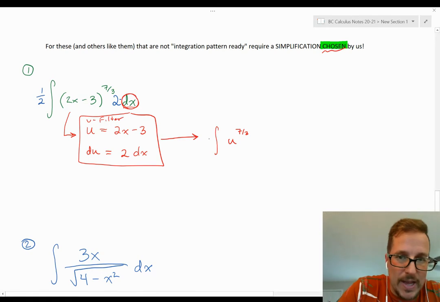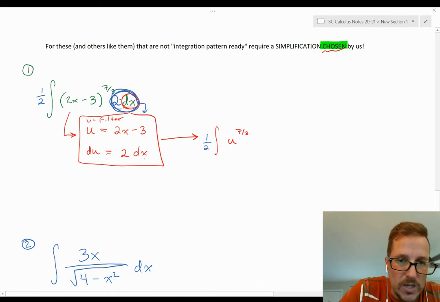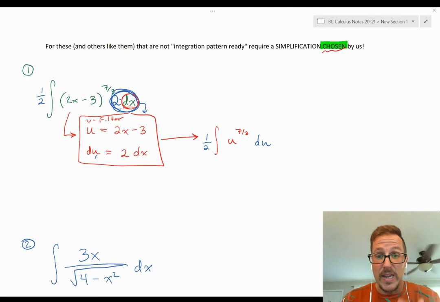So let's see what we've got. The 1/2 that's outside is going to come along for the ride, but this 2dx, into the u filter it goes. 2dx is going to get swapped out for a du. And I hope you saw that action, because now we have an integral in terms of u that fits the power rule pattern.